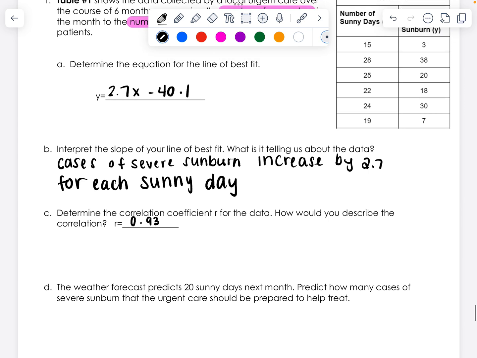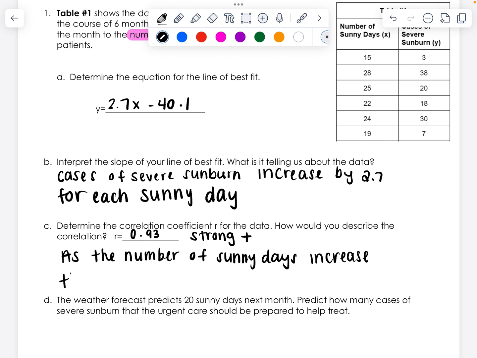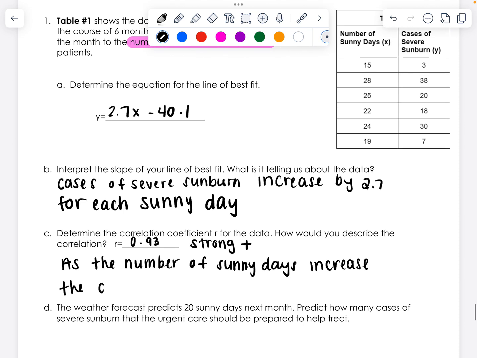Well, if it's 0.93, that means it's strong, positive, which means as the number of sunny days increase, the cases of severe sunburn increase.